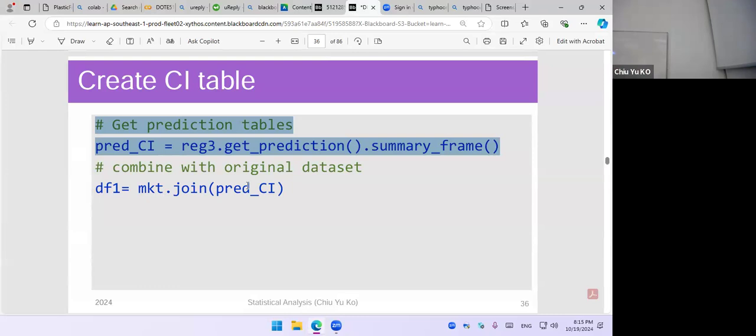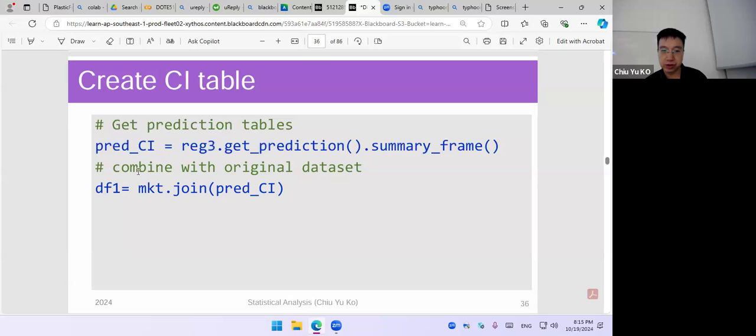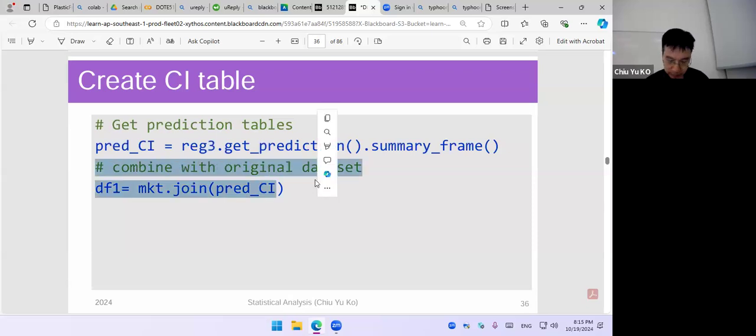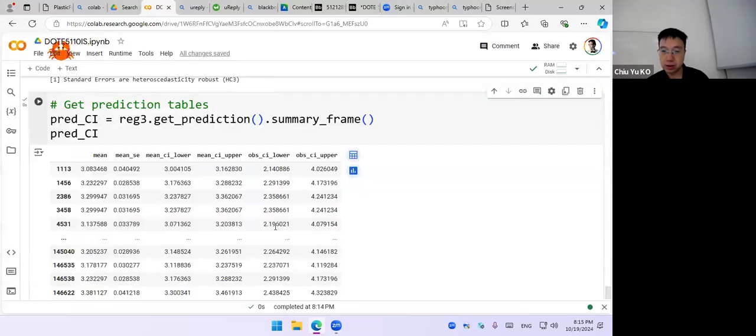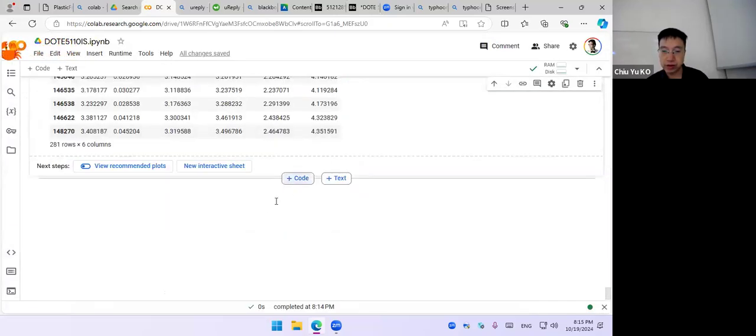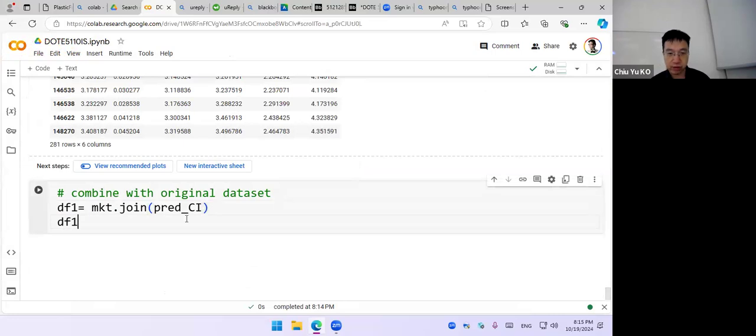Why? I want to draw a graph. Remember, when they are joined, they are based on the index. So now I combine them, then I do the drawing. Let me show it, DF was DF1, then you will see what it is.